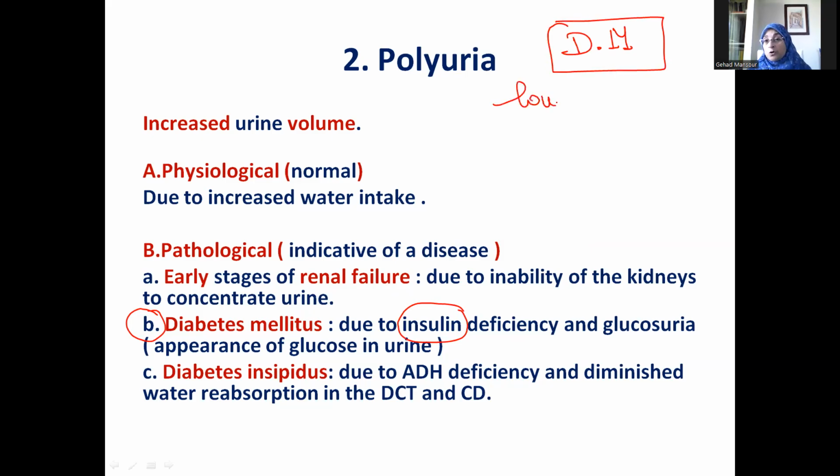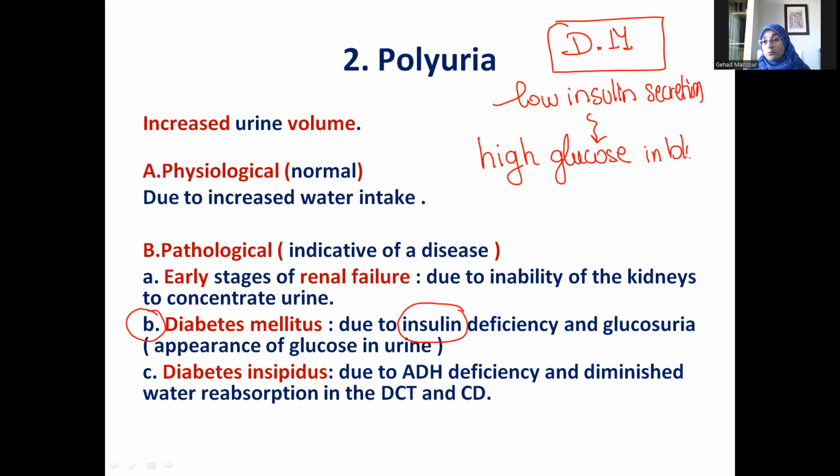You have low insulin secretion by the pancreas, as you know. This results in high glucose levels in blood.